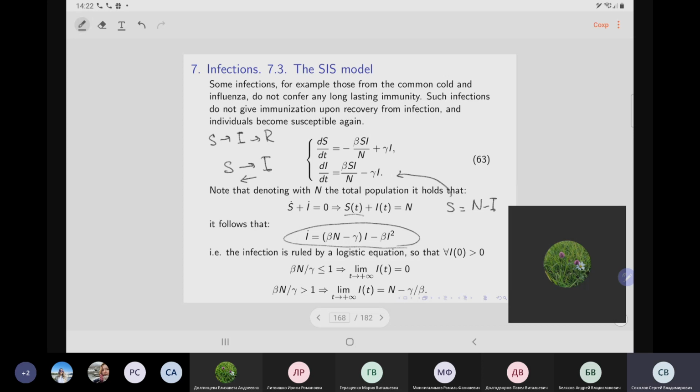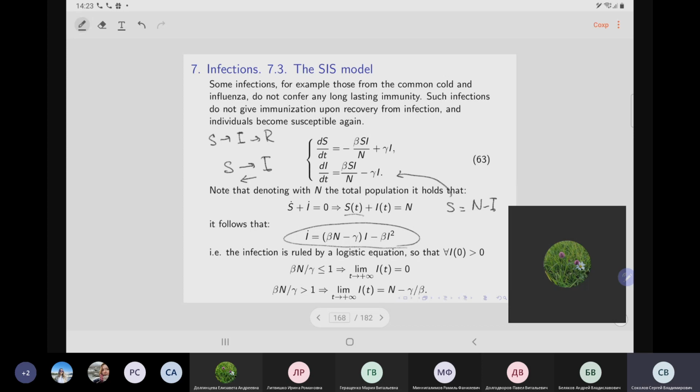So far, we see that the infection is ruled by some kind of logistic equation, and we analyzed the logistic equation in previous lectures.